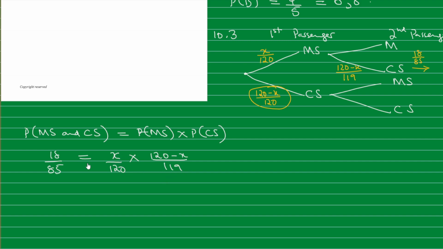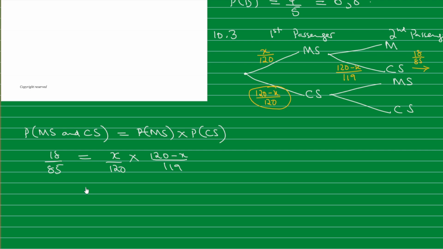The aim here is to calculate the value of X, in other words how many meat sandwiches were picked, which will help us find the number of cheese sandwiches chosen. So we have to solve this one.